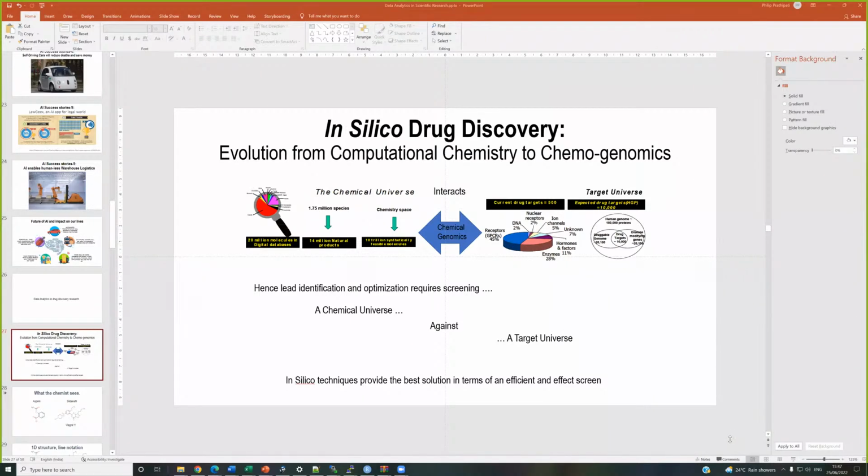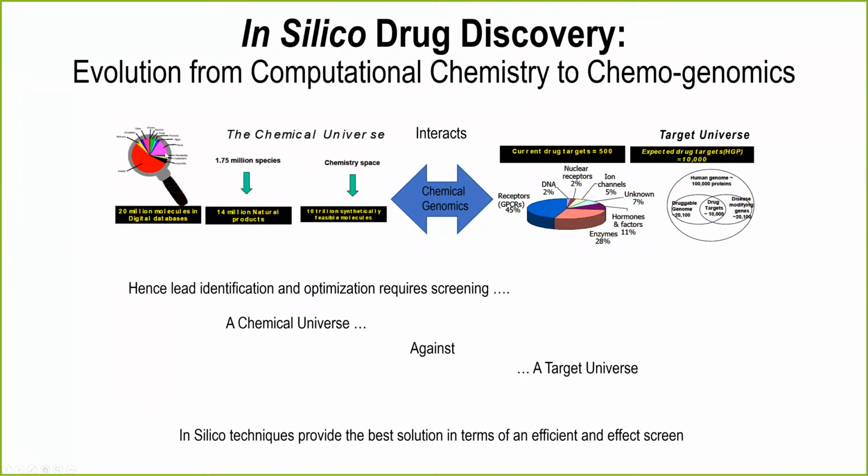Good, clear. So in terms of drug discovery, I think some of you must have seen this slide before. Again, the need is that we have a large number of chemicals, at least 20 million compounds that have been synthesized and are available for purchase.